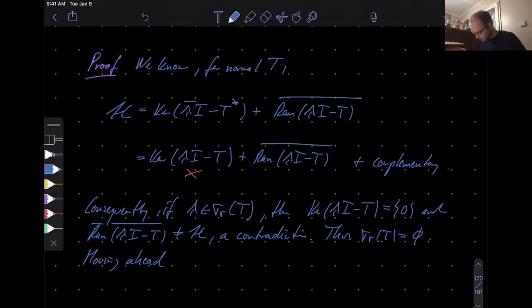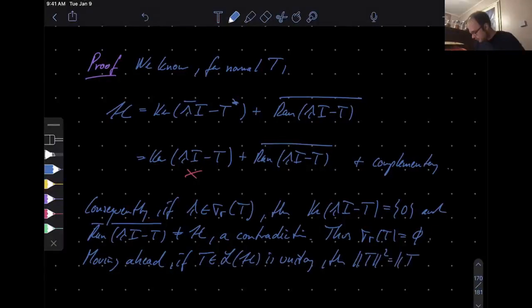Moving ahead, if T is unitary, then, well, okay. One of the properties after we had defined the adjoint was that the operator norm of the adjoint composed with T itself is just the square of the operator norm of T. But if you have a unitary T, then the product of the adjoint with T itself is the identity. So this guy is equal to 1.